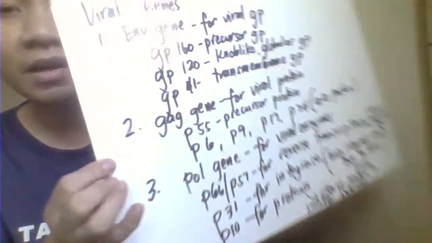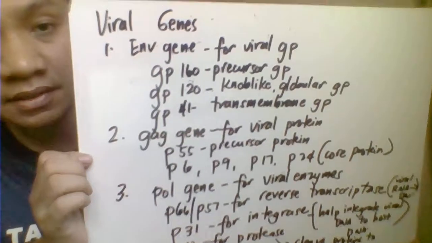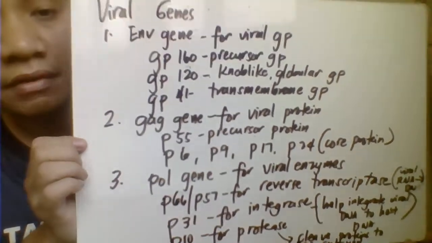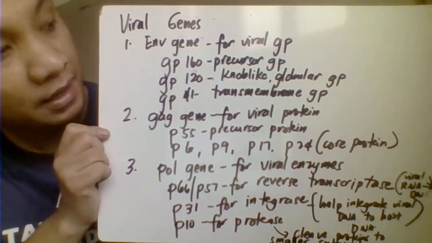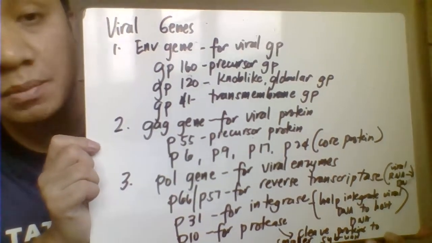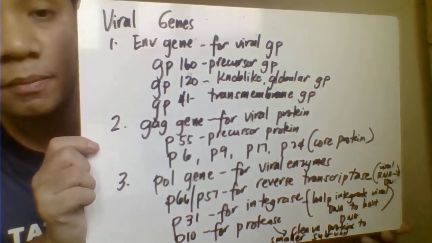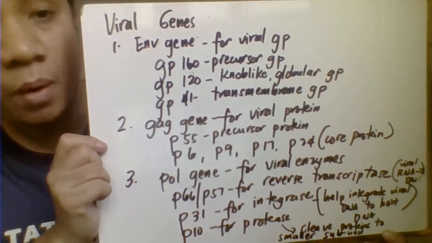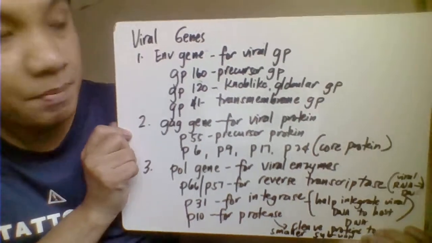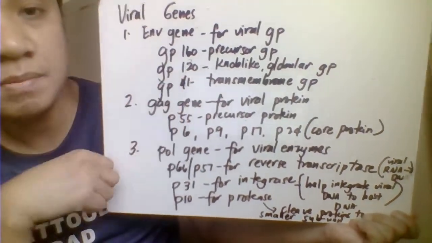Now we have the different genes utilized by the virus in order to build its structures. First is the envelope gene. The envelope gene gives rise to the GP, or the glycoprotein. The precursor glycoprotein is GP160, and the GP160 eventually gives rise to GP120.